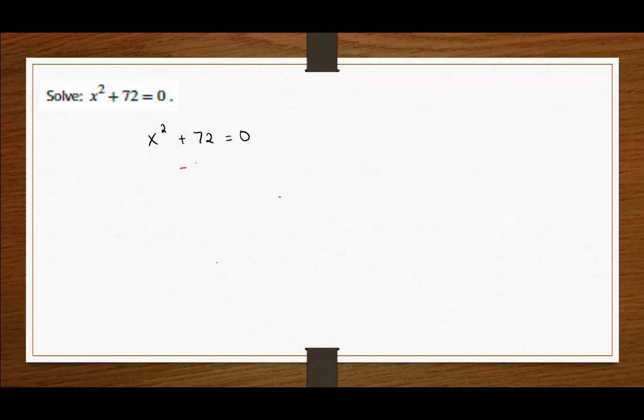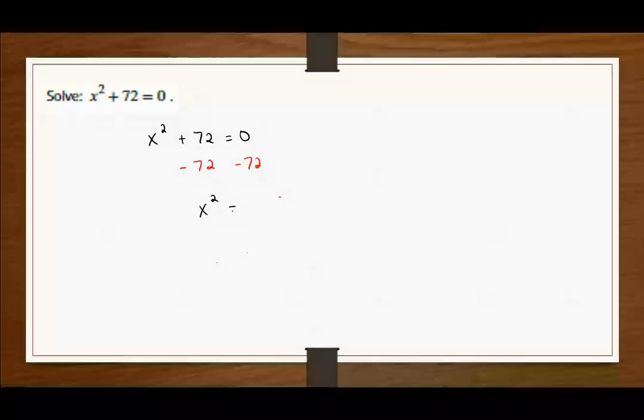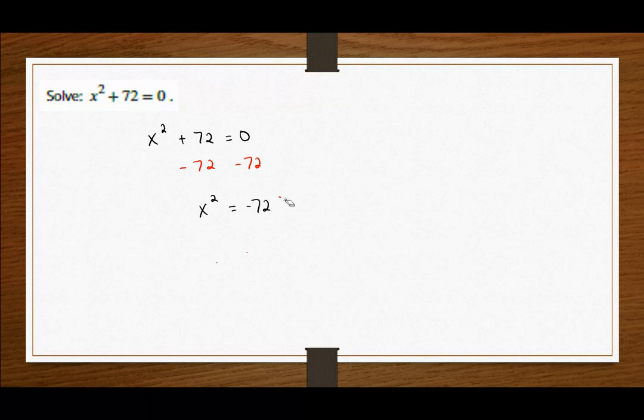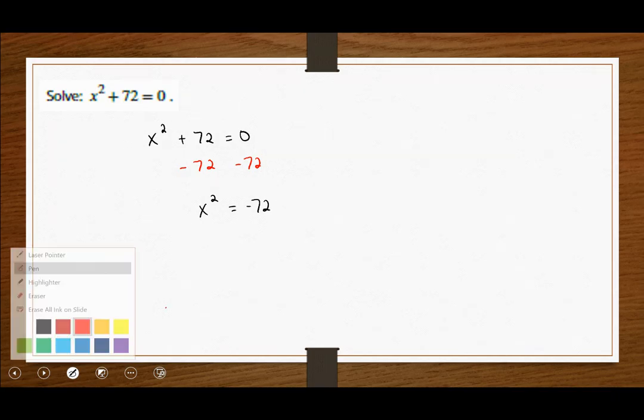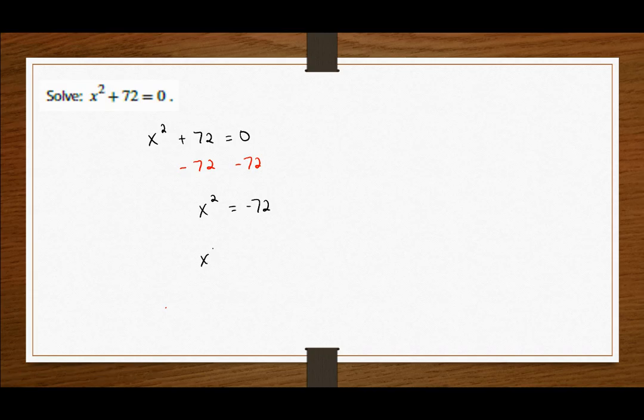Moving my constant to the other side by subtraction here, I get something like x squared is equal to negative 72. This implies that when I take the square root of each side, I'm going to have the square root of some type of negative number. While this is what is necessary to solve the equation, it also implies that we're going to end up with an imaginary value for the solution.